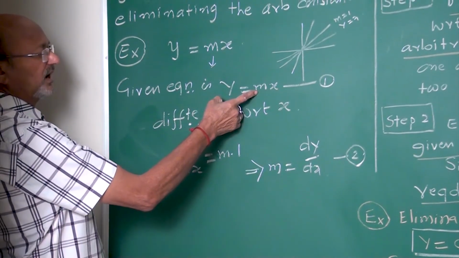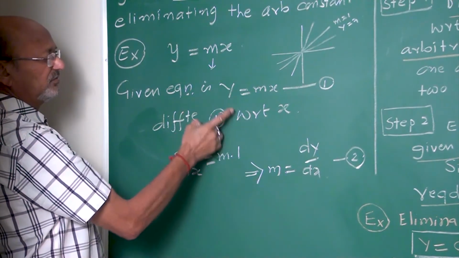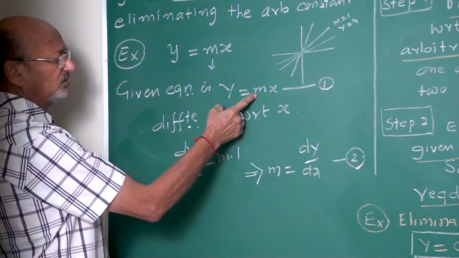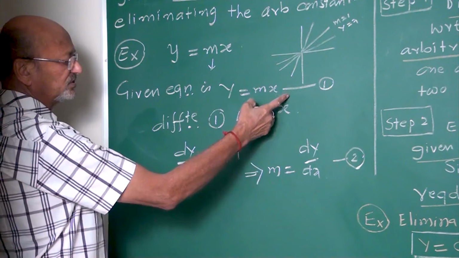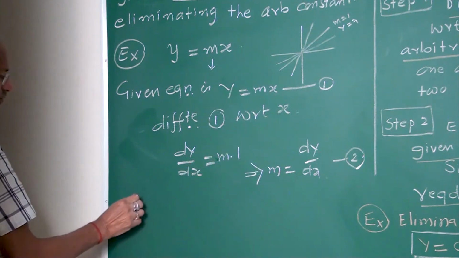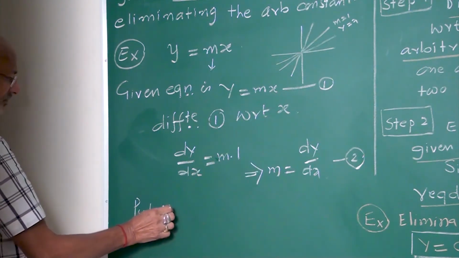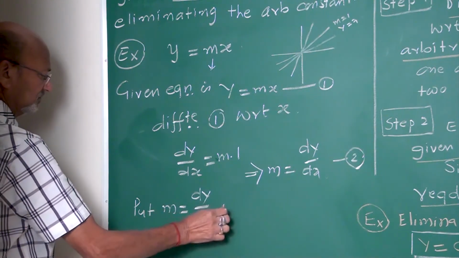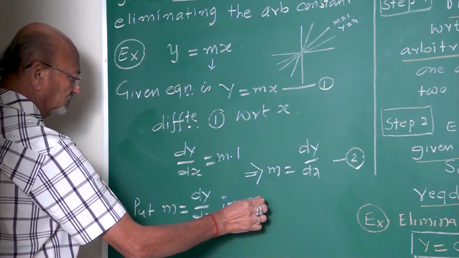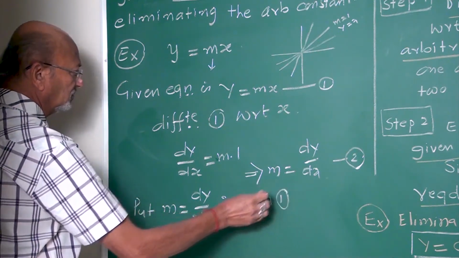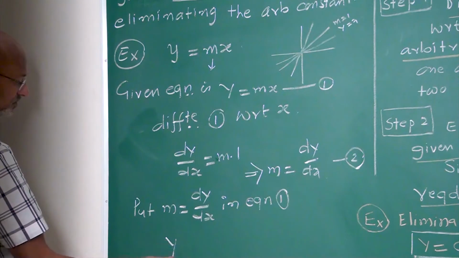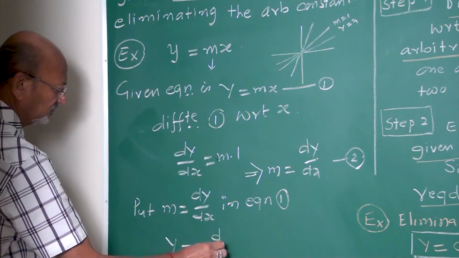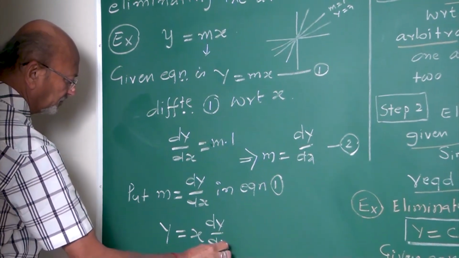Eliminate the arbitrary constant m between equations 1 and 2. What is your mathematical approach? Put m equal to dy by dx in equation 1. This is y equal to x into dy by dx.